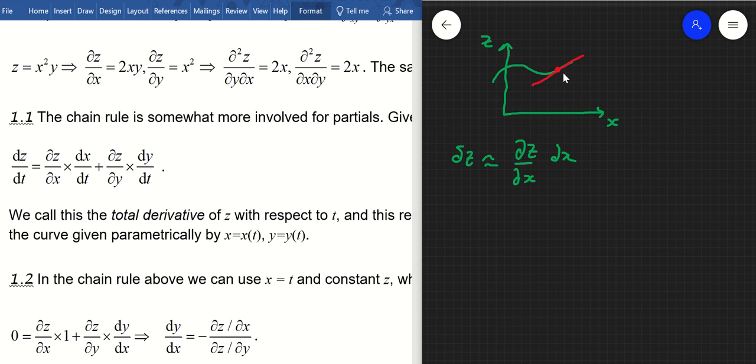That's not enough. We also need to look at it from the point of view of the change in y. So the change in x will get us so far, but then there's going to be a change in y on the surface. So if we just look at the perspective going that way, and there'll be some other shape to the curve looking the other way, so x is now poking out of the screen.